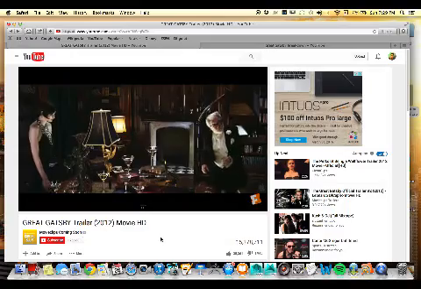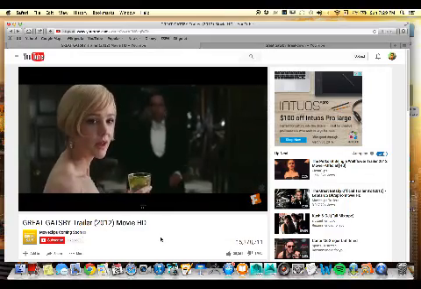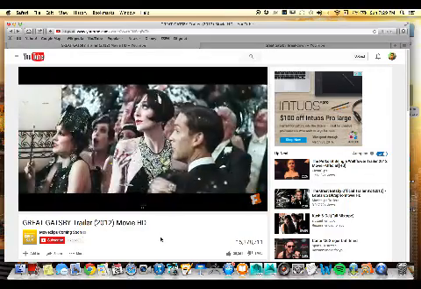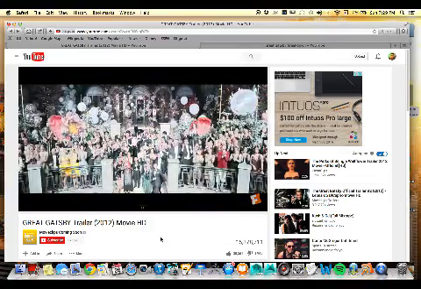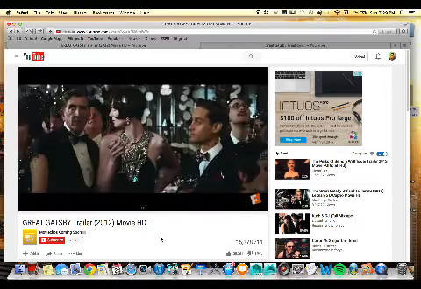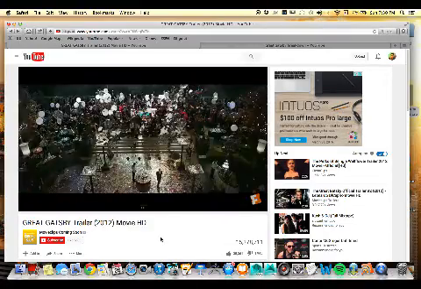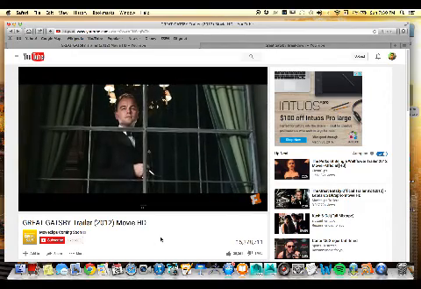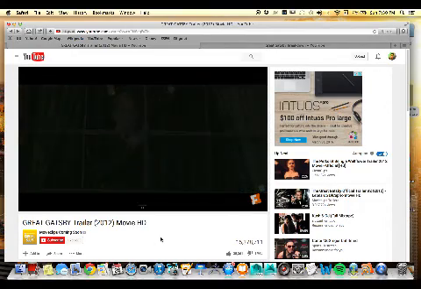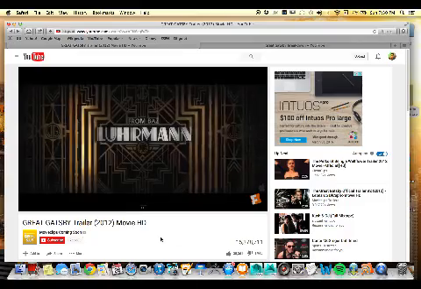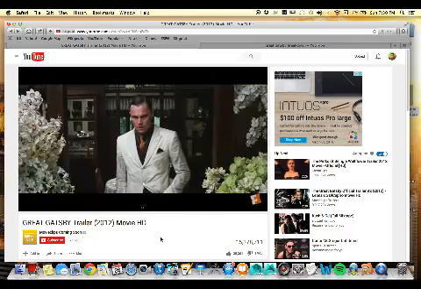A lot of that was CG, all those buildings and such. Also, there's a specific kind of gradient I think they put over the shots that gave it that old school 1920s Prohibition era feel.